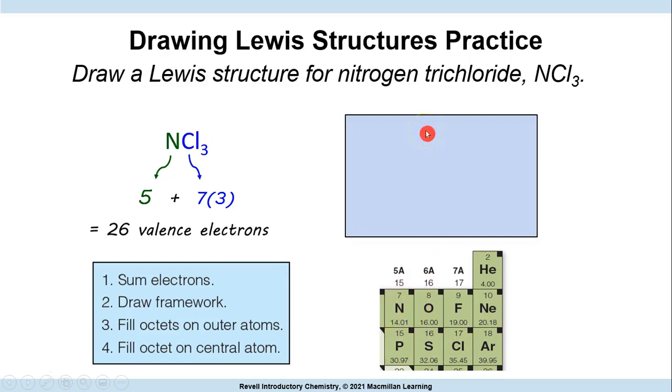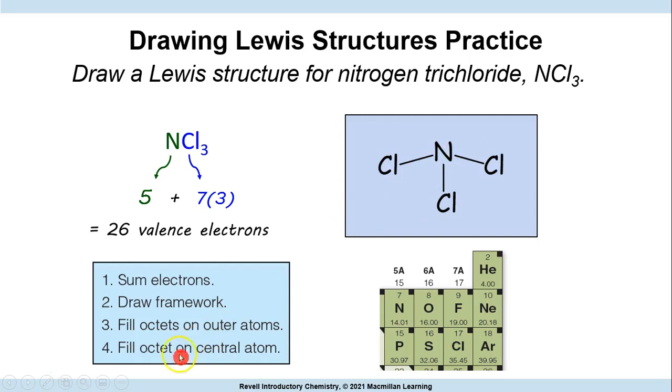So let's draw our framework. We have nitrogen at the center and the chlorine atoms are linked to the nitrogen atom by single bonds first. Now we have to count. We've said a single bond is equivalent to 2 electrons, which means that in this framework, we've used 2 times 3, that gives 6 electrons.